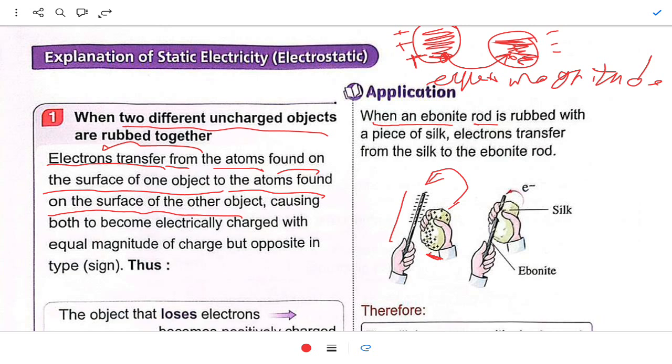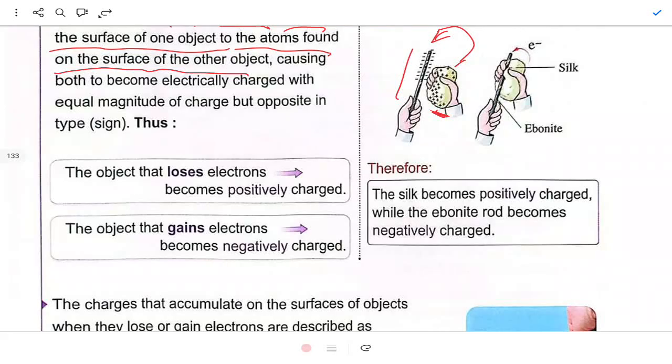The object that loses electrons becomes positively charged, and the object that gains electrons becomes negatively charged. Therefore, the silk becomes positively charged while the ebonite rod becomes negatively charged.